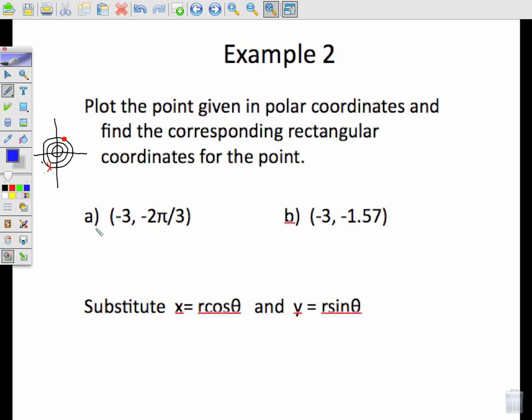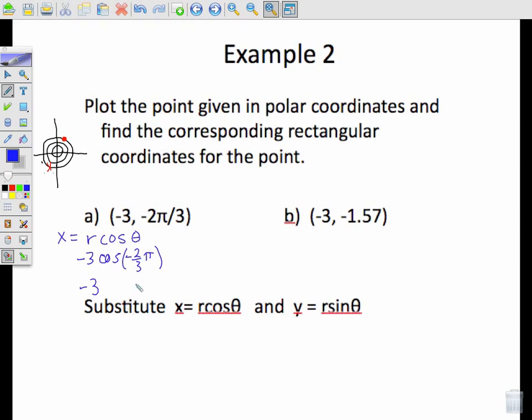All right, now what we need to do is convert them to our coordinate system, our x's and y's. So to find the x, you do this. X would be r cosine of my angle, theta. So that would be negative 3 times the cosine of negative 2/3 pi. We can just calculate all that.